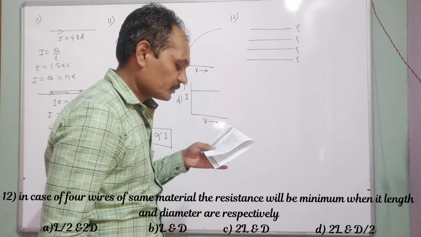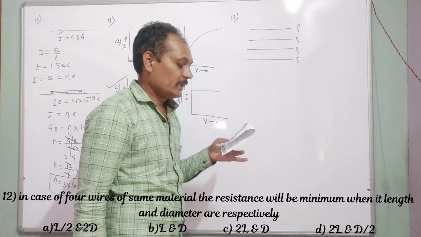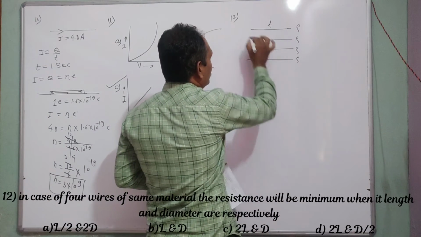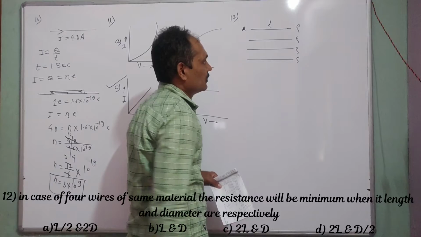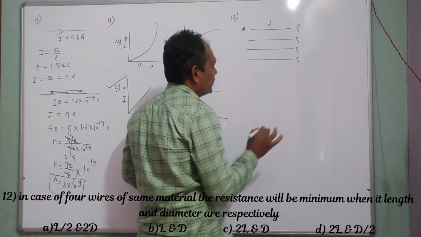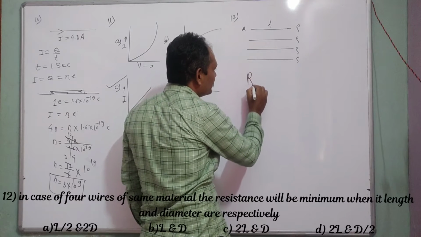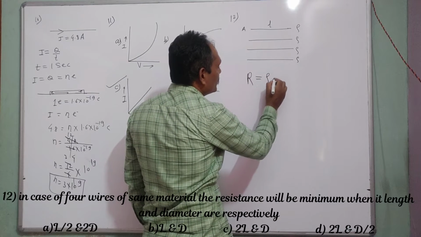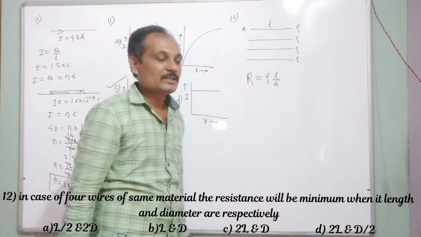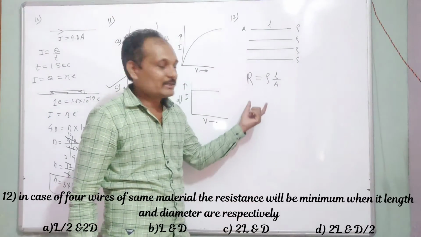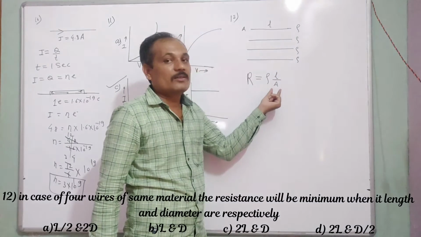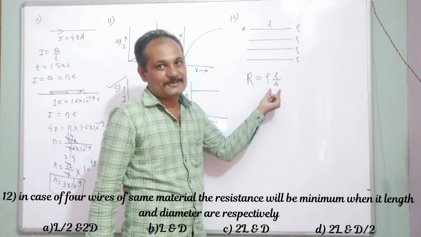The resistance will be minimum when length and diameter are, respectively... This wire has length L and area of cross section A. The relation is R equals rho L upon A. The resistance of the wire increases when length increases and area decreases.